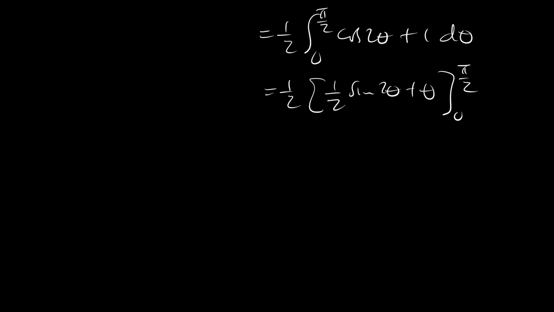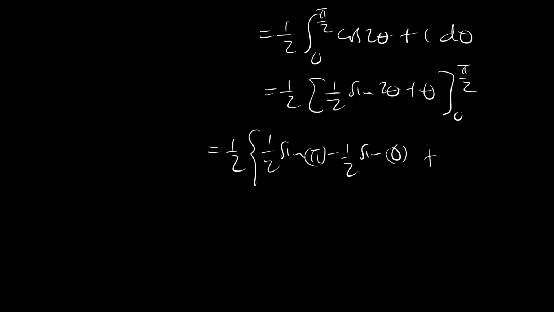In other words, it equals a half sine pi minus a half sine 0 plus pi over 2 minus 0. This goes to 0. This goes to 0. Well, this is 0 already.